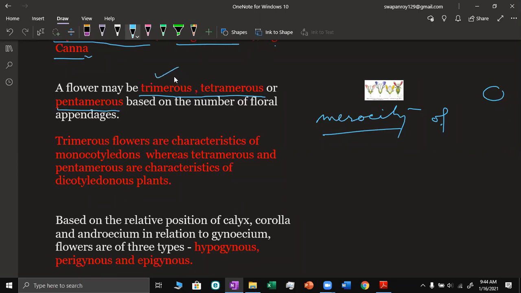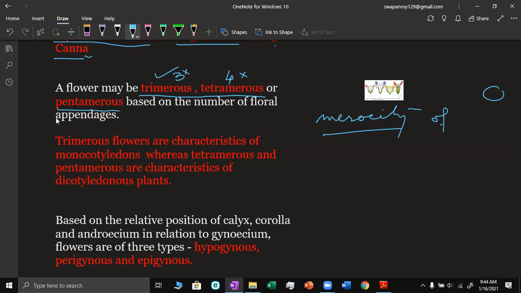Trimerous means they have three or multiple of three. Tetramerous means four, they have four or multiple of four.